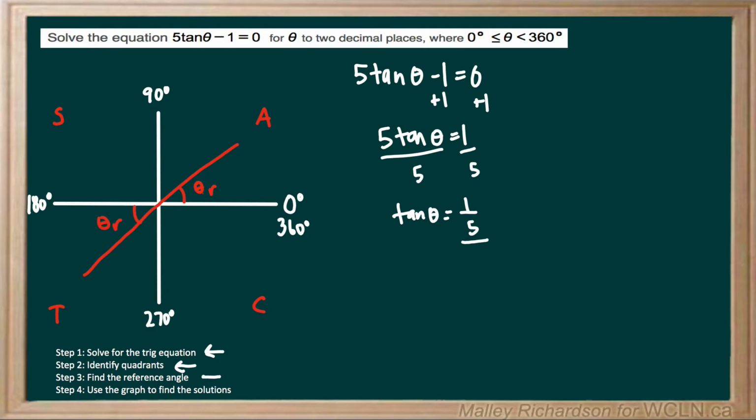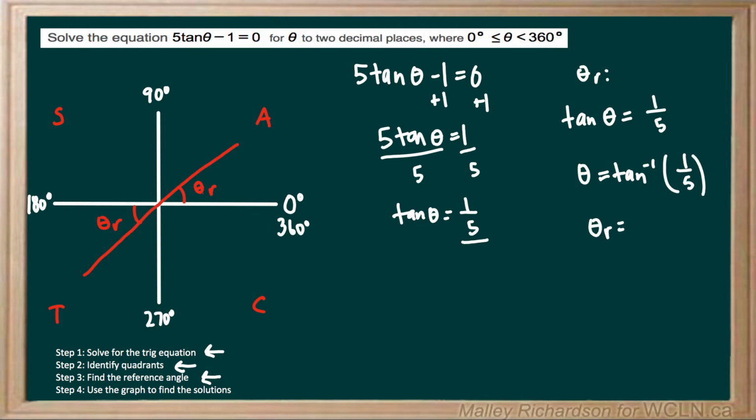Now we want to find the values of these reference angles. To find this value of our reference angle, we want to solve our equation of tan theta equals 1 over 5. Now because we're not dealing with exact values, we need to use our calculator to solve. So to solve for theta, we want to take the inverse tan of the ratio 1 over 5.